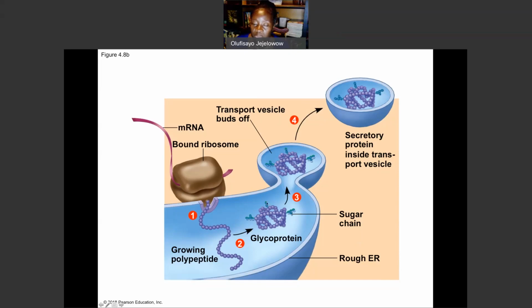Carbohydrate fragments are added to make glycoproteins. So the glycoproteins are boarded up in membrane vesicles, transport vesicles, and they get burst off. And the secretory proteins go inside the transport vesicles. They can go into the Golgi apparatus, where they will be processed for export out of the cell or for use in other parts of the cell.